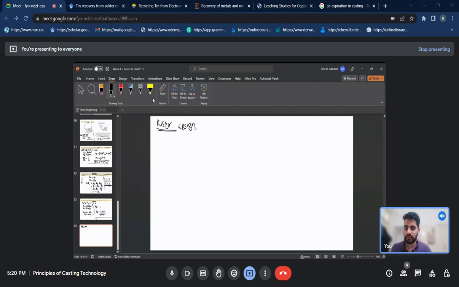There are methods which have already been covered by Professor Jha in the theory. One method is the shrinkage volume method. The second method is the Caine's method.